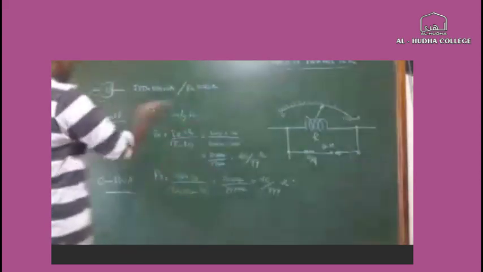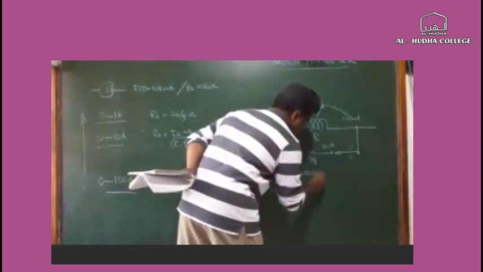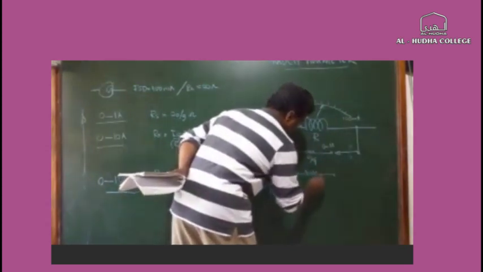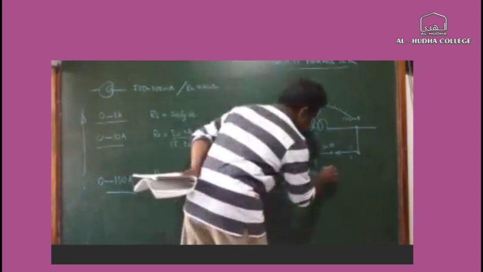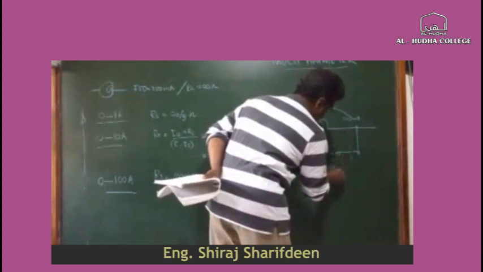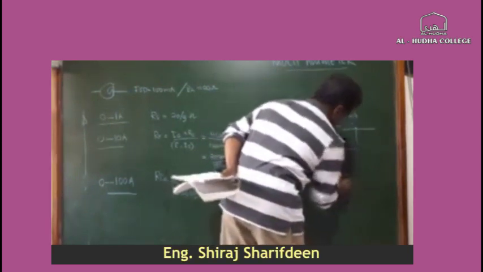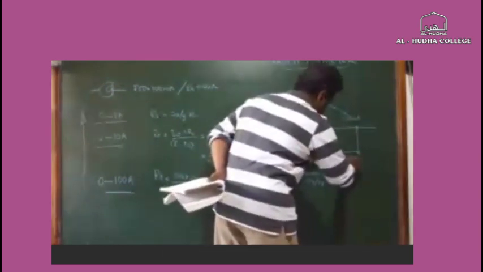If you want to measure 0 to 10 amp, we can extend this, put the resistance 20 by 99 here, and we can mark this as 0 to 10 amp, right? So if you connect it in an arc like this, so that this selector can move in a circular fashion, right?